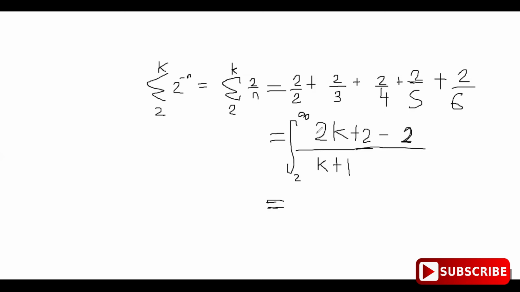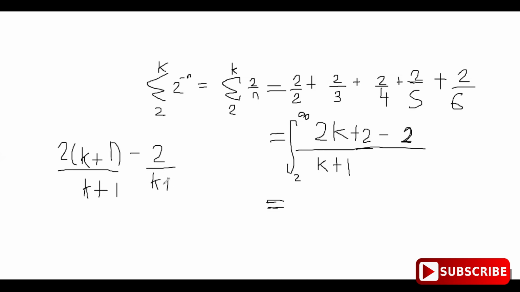And so I can factor out 2 from this part, and I get 2k plus 2 minus 2, which is 2 times k plus 1 minus 2, over k plus 1.